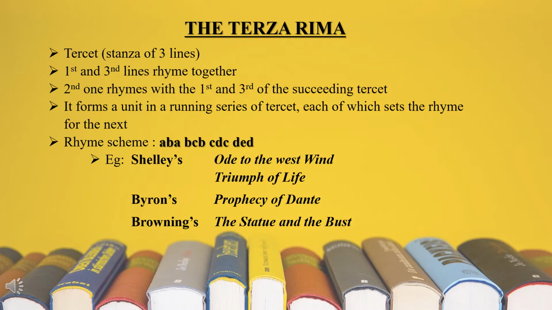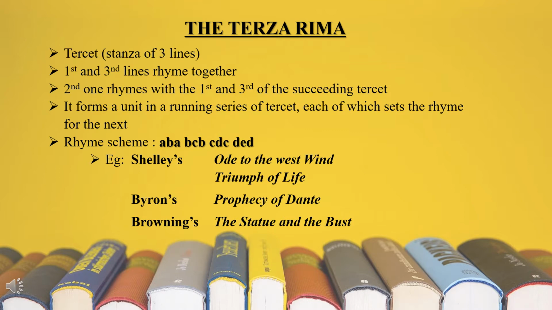It forms a unit in a running series of tercets, each of which sets the rhyme for the next, so that the rhyme scheme is A B A, B C B, C D C, D E D.